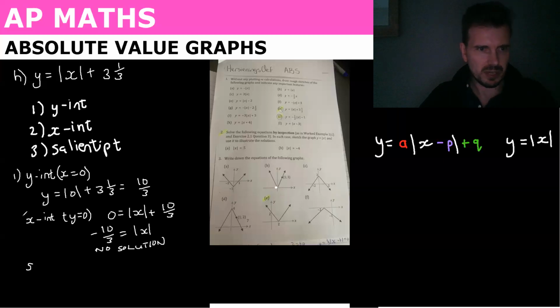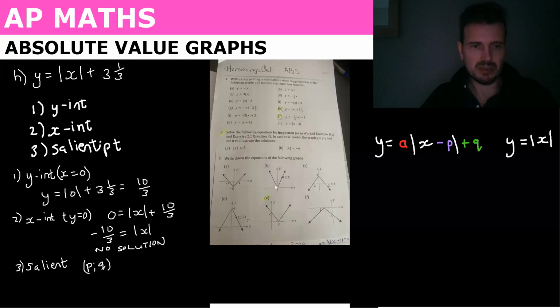Now we just look at our salient point. So this is 1, 2, and 3. Our salient point is, remember, it's going to be P and Q, or whatever you use in your general form of the equation. Do you also use P and Q? Yeah. Okay, cool.